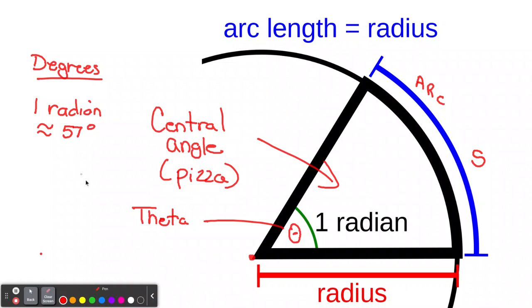Radians are much easier to use, especially when we want to get arc length and rotational speed. That's why in high school you start using radians instead of degrees. So you have feet for length, or meters, we can use the metric system, we can have Celsius and Fahrenheit, and we can have degrees and we can have radians.